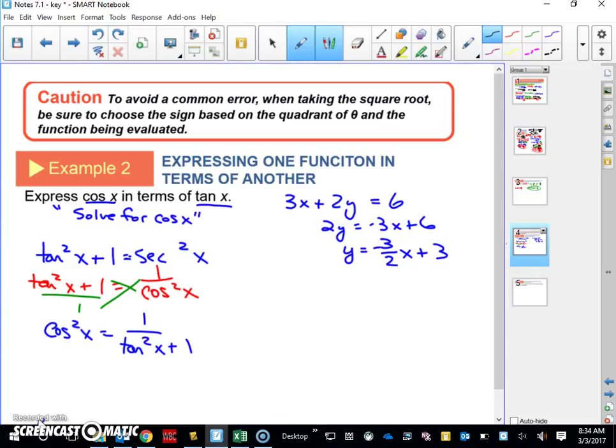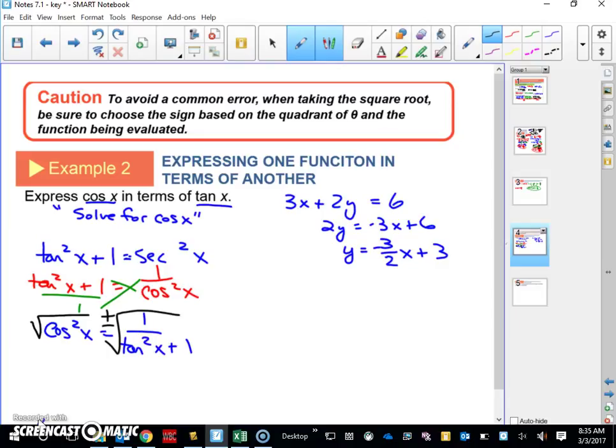We would just have to get rid of that square, and we're going to do that by taking the square root. One thing that a lot of people will forget is it's really a plus or minus square root at that point. If we knew what quadrant it was in, maybe then we could pick one.